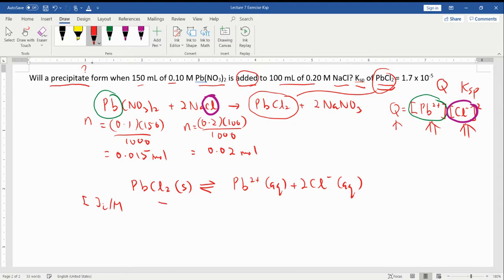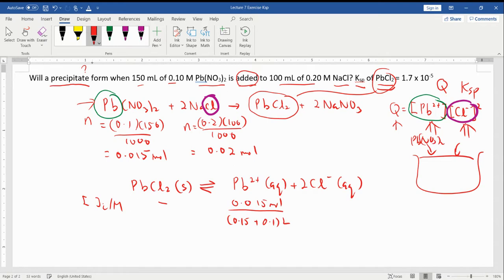Then for lead, just now we said find from lead nitrate, so we have 0.015 mole over, the volume is 0.15 plus 0.1 liter. Why? Because when two solutions, Pb(NO3)2 and NaCl, are added, we have 150 ml plus 100 ml, and the solution contains PbCl2, our salt.